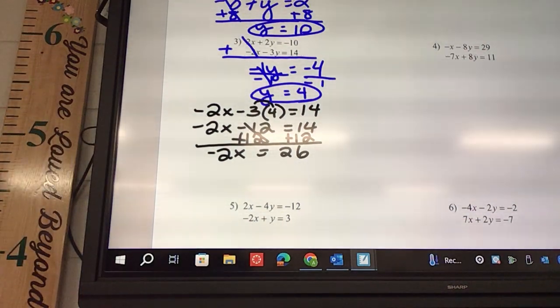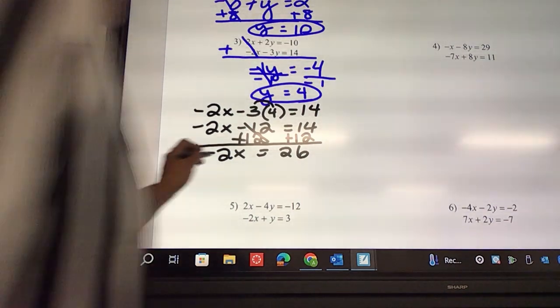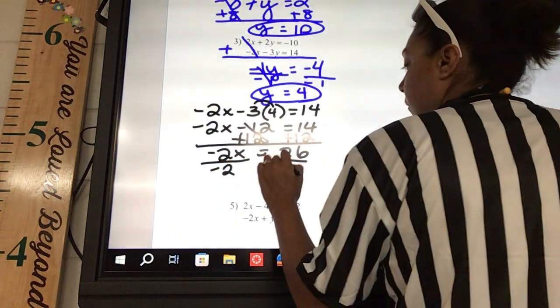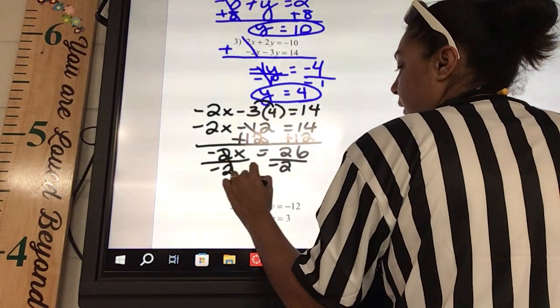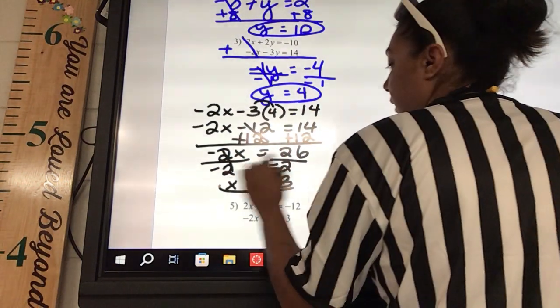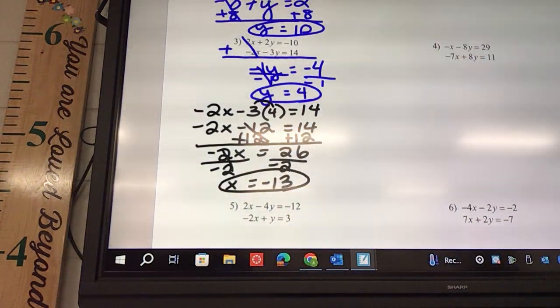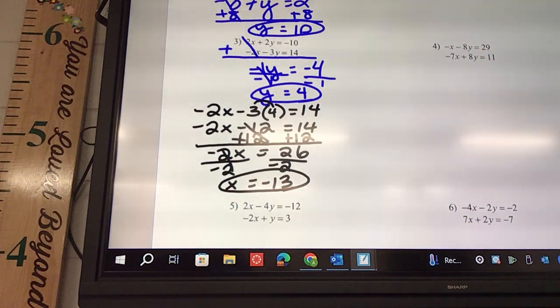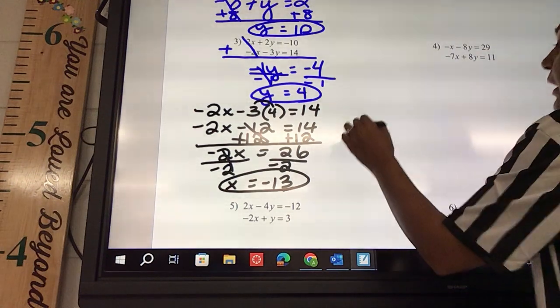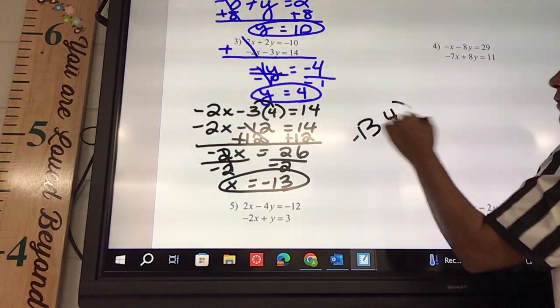Always divide. And so I got x equals negative 13. So my coordinate is going to be negative 13, 4.